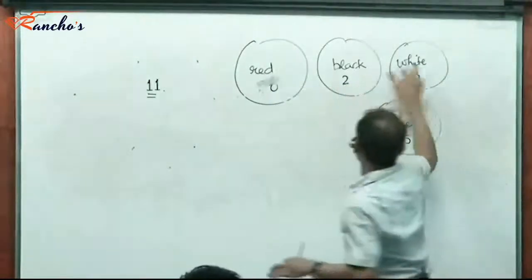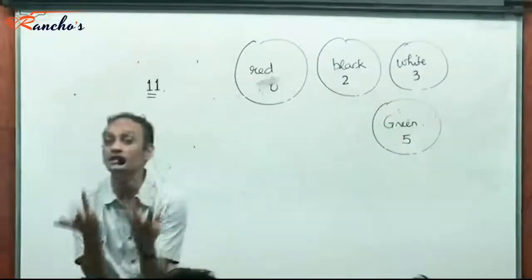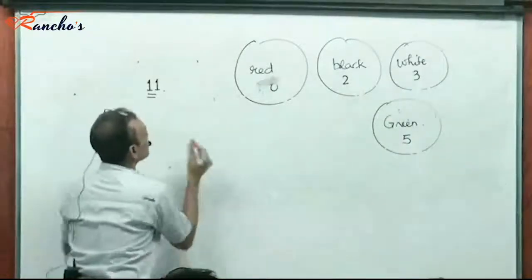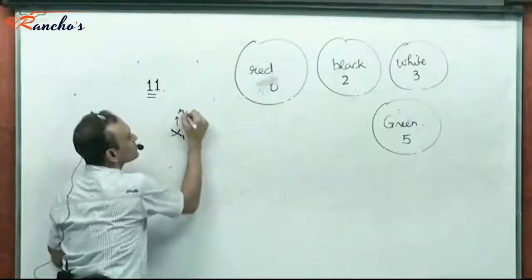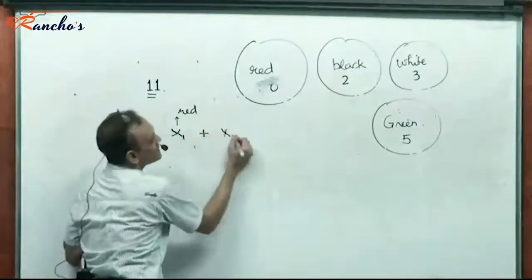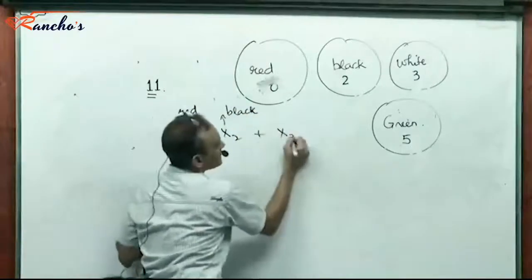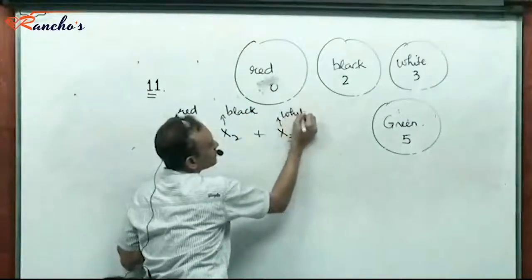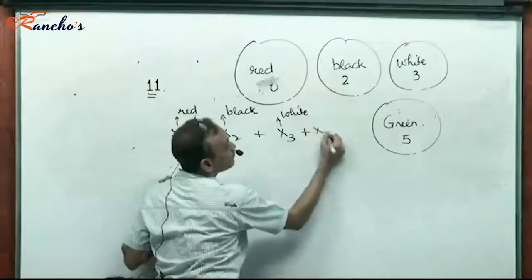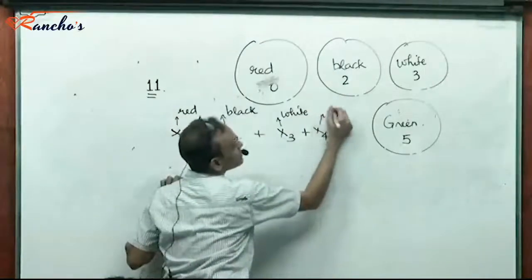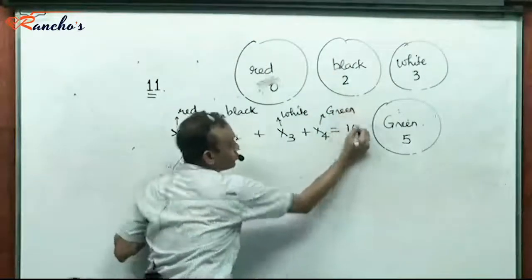So the total number of ways in which I could select 10 balls would be about the following. So I select x1 red balls, I select x2 black balls, I select x3 white balls, and I select x4 green balls. And the total must add up to 10.